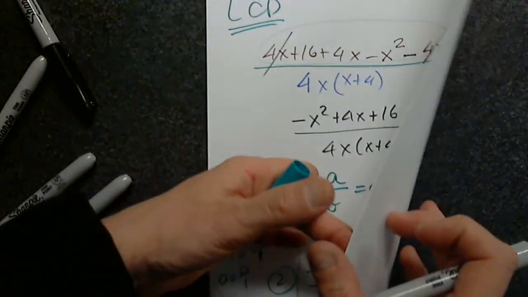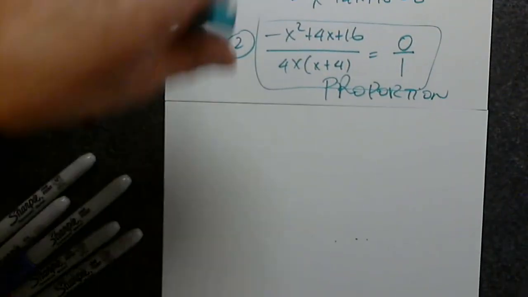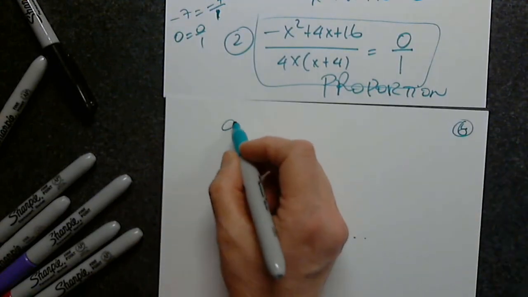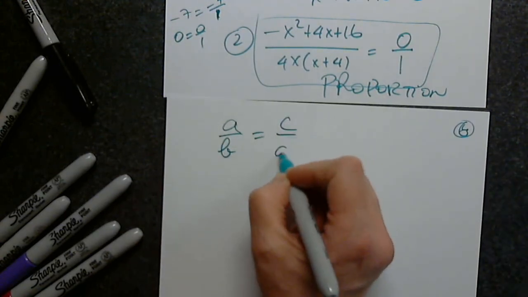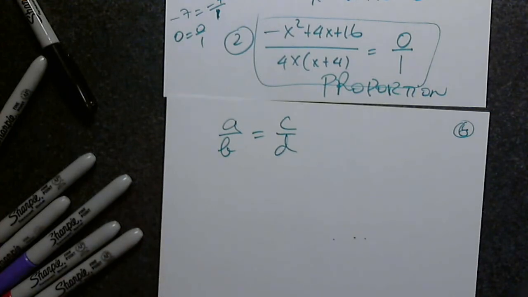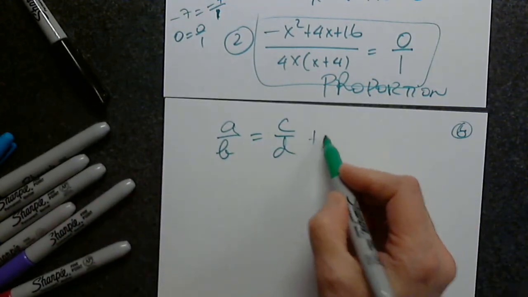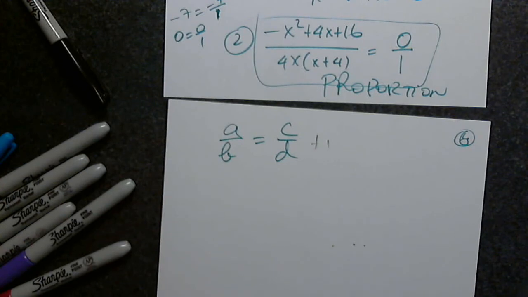Only in a proportion I'm allowed to do something very special that is not possible in anything else. This is a proportion: a fraction on the left, the equal symbol in the middle, and a fraction on the right. If you put plus 1 here, this is no longer a proportion, and what I'm showing you is not allowed.